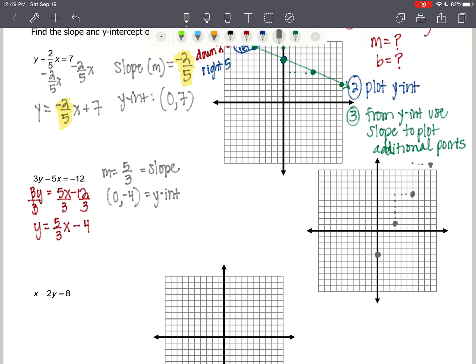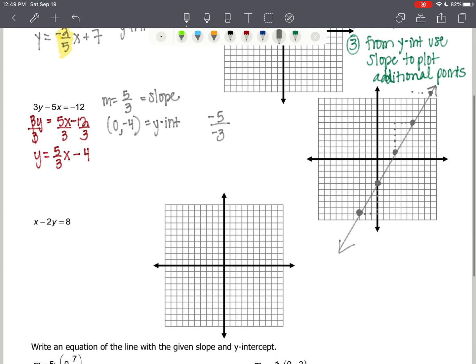And then down 5. 1, 2, 3, 4, 5. But then we'd have to go left 3. That would be a double negative. Down 5, left 3. And that's the same thing as positive 5/3. Use a straight edge to connect all your points, and there's a beautiful graph. You do need to fill in as many points as I am doing. You need to do that when you're doing your homework.